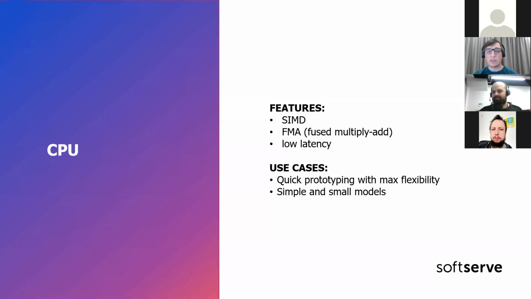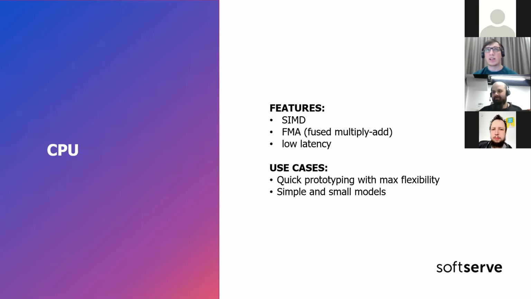CPU is a more widespread platform, and it has some features like SIMD and fused multiply add that can provide very fast and high performance. SIMD stands for single instruction multiple data. As it says, we can apply the same operation to different data. So basically we use data parallelism here.